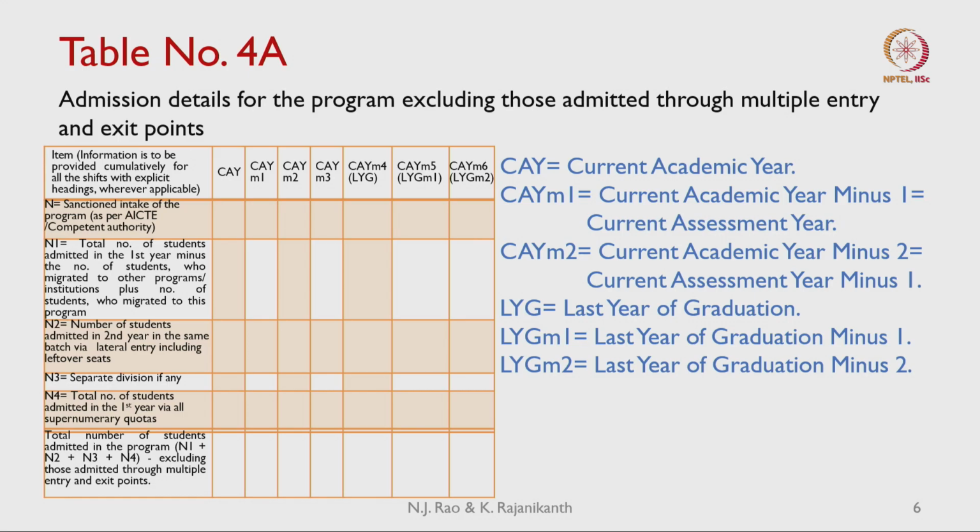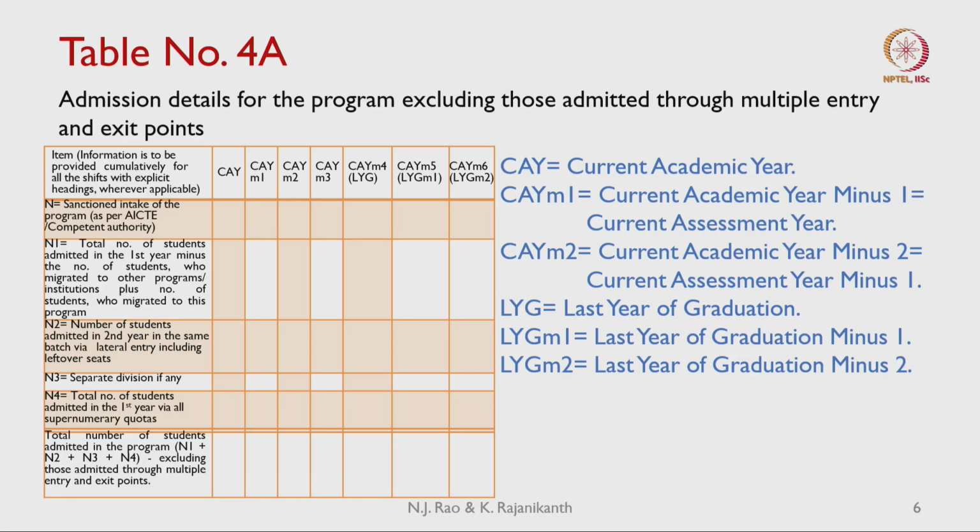At the third year level also it is possible for students to enter the program, and they can exit the program at various levels, at first year, second year, third year level. So, if there have been entries and exits happening because of this, that is captured elsewhere.